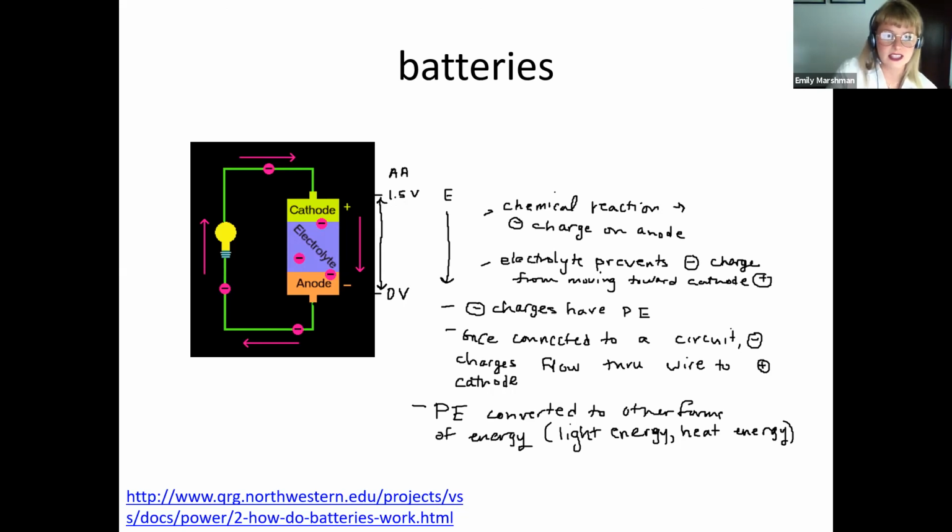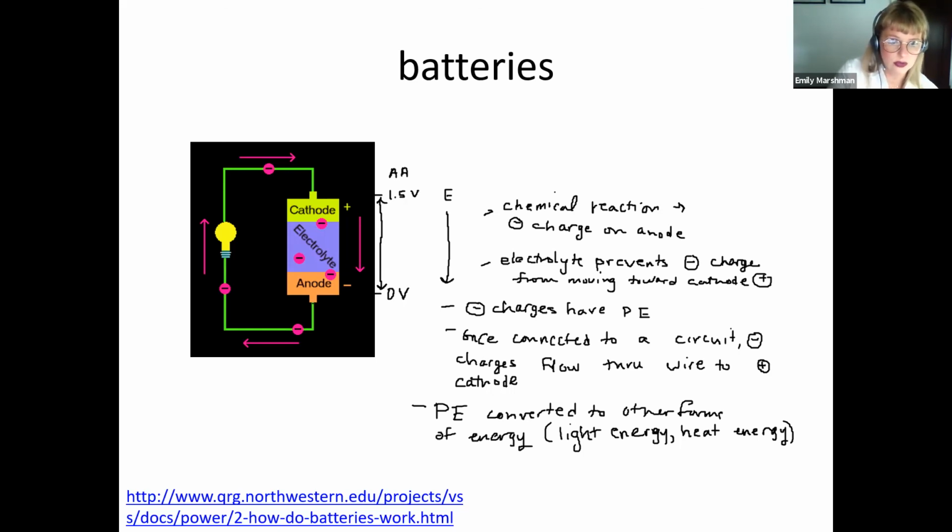Now, once I connect it to a circuit, so now if I connect the battery to a wire that conducts the electrons, there is now a path for the electrons to flow through. Now they can move towards the positive end of the battery to be where they want to be. There's nothing blocking them anymore.